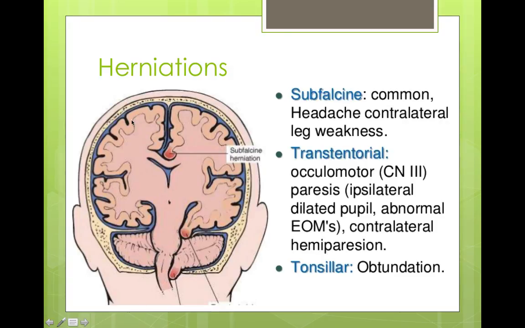There's an increased pressure here, and it's going to push the brain and the brainstem down, and you're going to herniate and kill the patient. When does it happen? It happens when there's a tumor in the brain and you're doing the spinal tap.